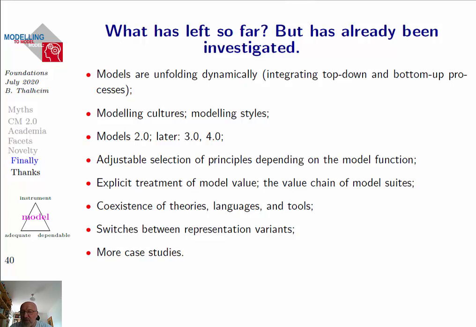We can think about models 2.0. We can have maybe a selection of principles that is even adjustable depending on the model function, of course. We have a number of explicit treatment of model value, and we have coexistence of theories, languages and tools. And we have, of course, a number of switches and maybe more.